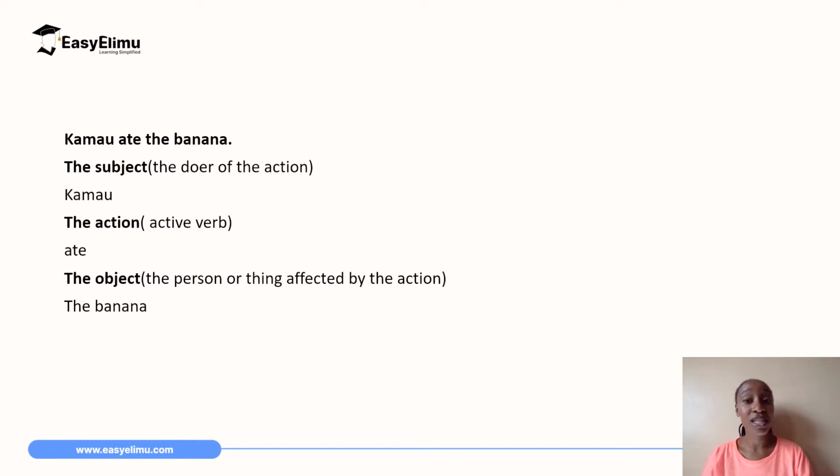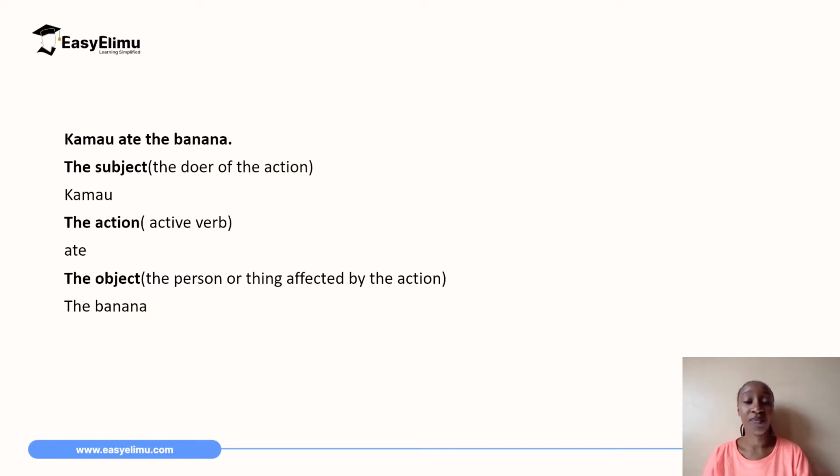Now, remember the sentence we read in the first slide? We are going to use it here. The sentence was, Kamau ate the banana. We are going to use this sentence to define what is a subject, what is a verb, what is an object. So, Kamau ate the banana. We are going to start with the action or the verb, which is eating.